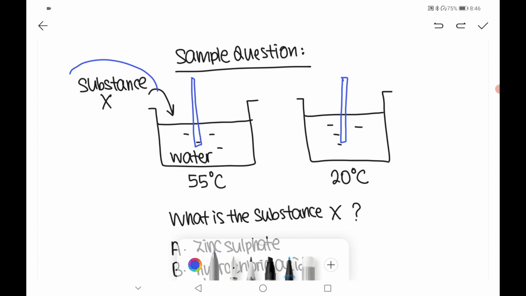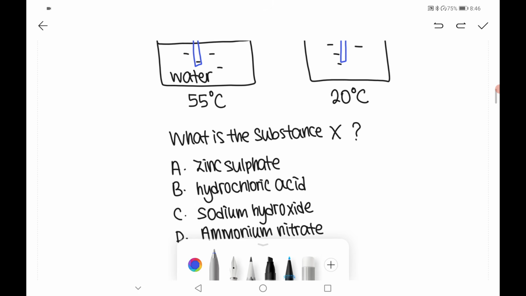We put a substance X into water. After we put substance X into the water, the temperature goes from 55 to 20. So what is substance X?